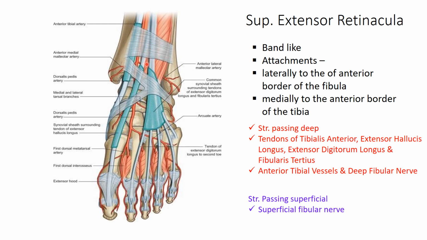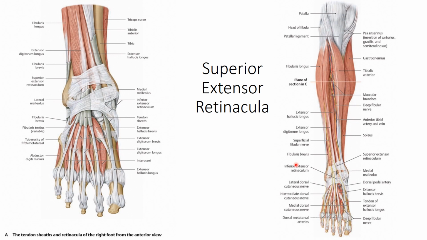Also passing are the anterior tibial vessels and the deep fibular nerve, and the only structure which is passing superficial to it is the superficial fibular nerve. Here it is shown. This is the superficial fibular nerve which is passing superficial to this superior extensor retinaculum, and these are the other structures.